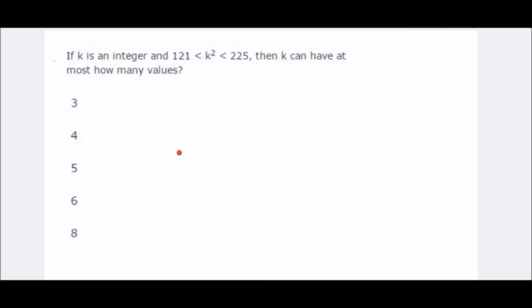So here is our next question. If k is an integer, 121 is less than k square and 225 is greater than k square, then k can have at most how many values? So we have to find out the k values, right? See, it is in square form. 121 is less than k square and k square is less than 225.